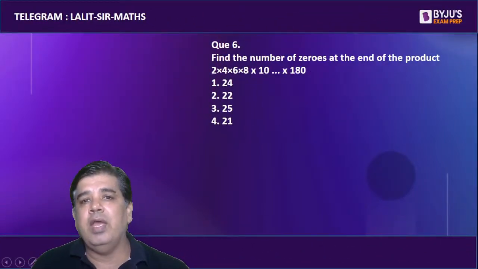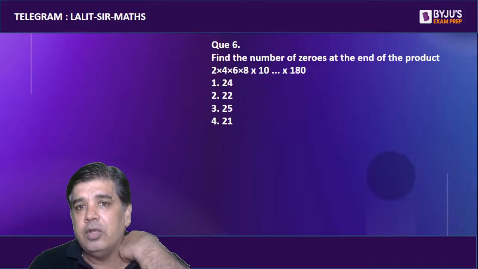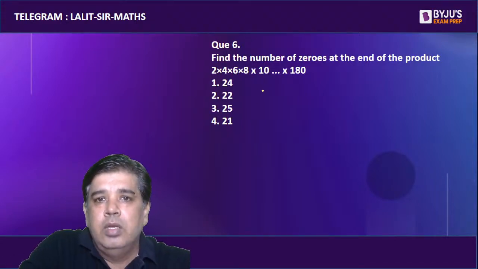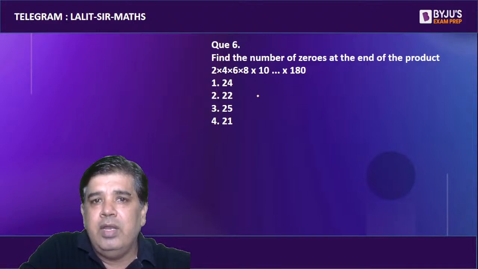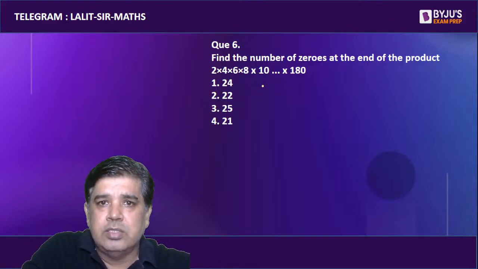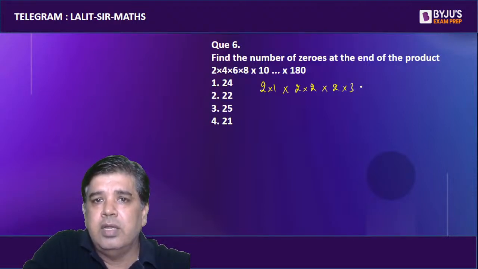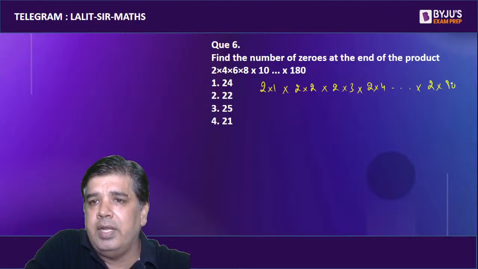Next question. Here we have a whole product where we need to check again how many times 5 will come. Students, in every number we have 2, right? The first 2 is 2 into 1, the second is 2 into 2, then 6 is 2 into 3, then 8 is 2 into 4, and the last is 2 into 90.